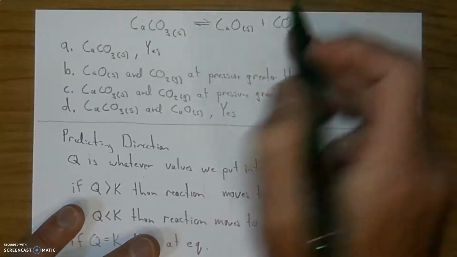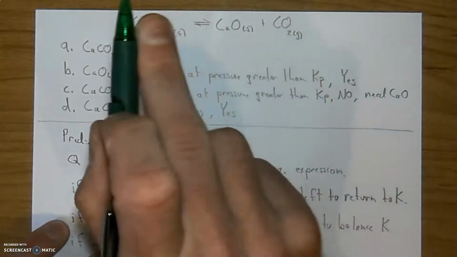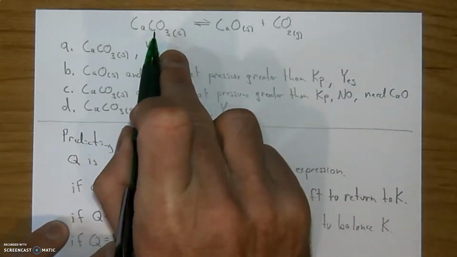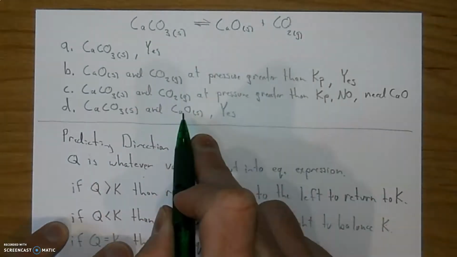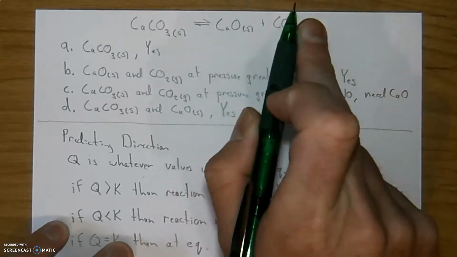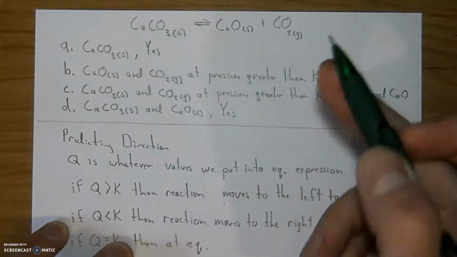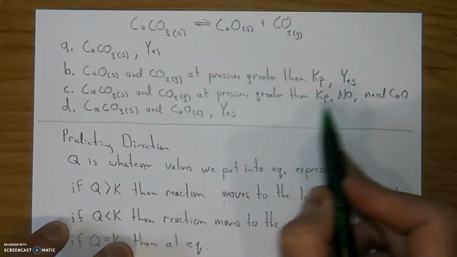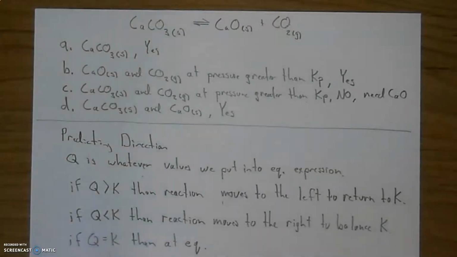The reason is I don't have any carbon dioxide to inhibit it, so there's like a vacuum, if you will. The calcium carbonate will decompose and form additional calcium oxide. I already have some, but it'll form additional calcium oxide and form enough carbon dioxide to form the pressure necessary to establish equilibrium. Done. All right, let's shift over to some problems.